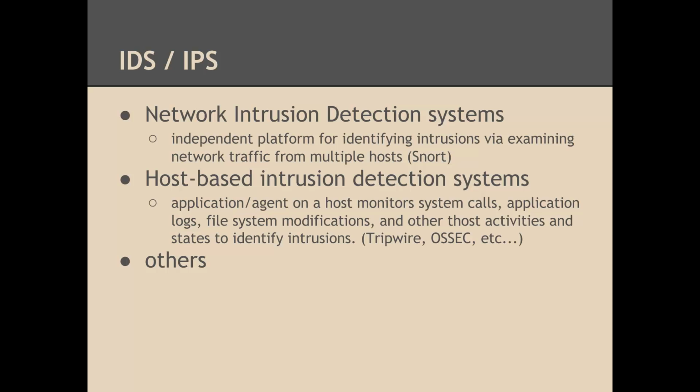There are two types of systems here for intrusion detection systems and intrusion prevention systems: network-based ones and host-based ones. The network intrusion detection systems, sometimes just called NIDS, are independent platforms.